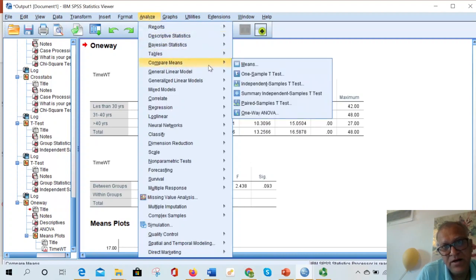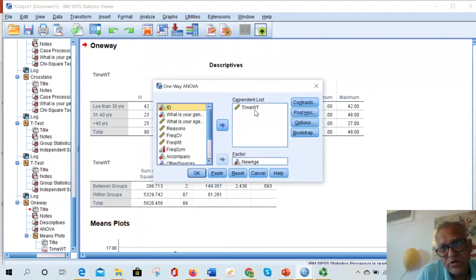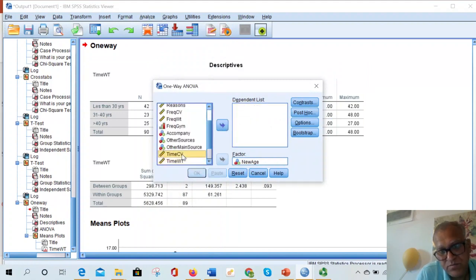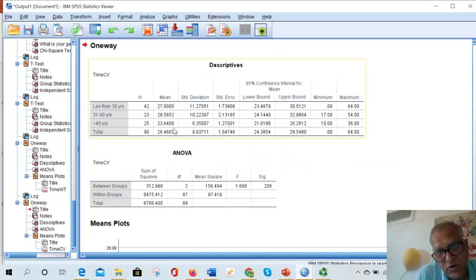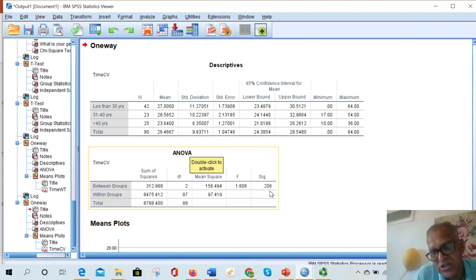Run again, compare means, one-way ANOVA. So let's change to time spent on, say, cardiovascular machines by age. See here, here's the result. So younger people spend 27 minutes, and then 28 minutes and 23 minutes. Looks like decreasing. However, hold on, because the p-value is 0.206, which is larger than 0.05.